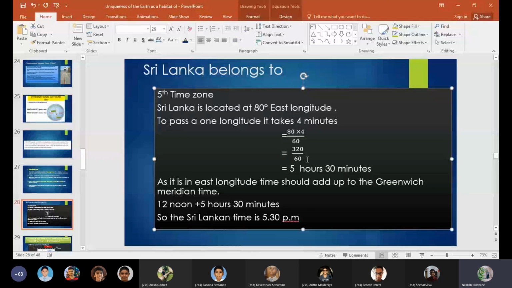So you get the answer as 5 hours and 30 minutes. As it is in east longitude, time should be added to the Greenwich Meridian time. Sri Lanka is located in the eastern longitude, so you have to add this 5 hours 30 minutes to Greenwich Mean Time. Greenwich Mean Time is 12 noon, so adding 5 hours 30 minutes to it, the Sri Lankan time is 5:30 p.m. That is how we consider the Sri Lankan time with Greenwich Mean Time.